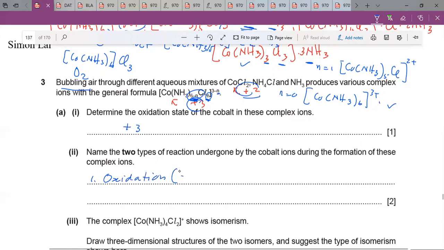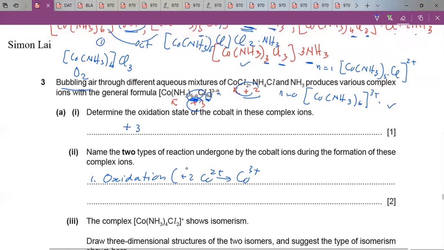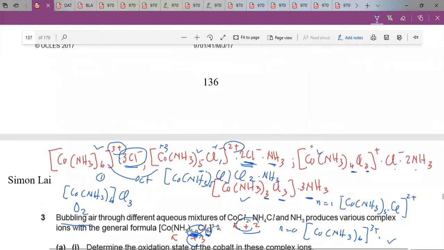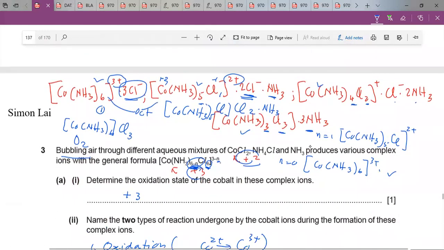Why? Going from cobalt +2 to cobalt +3. The second one, of course, remember, one by one, the ammonia here is being replaced, or substituted, or displaced by chloride, Cl minus.